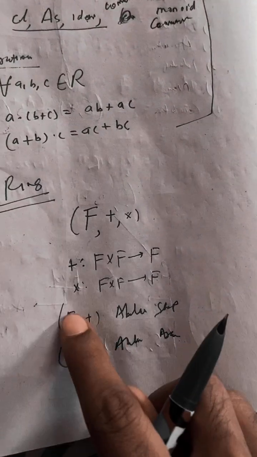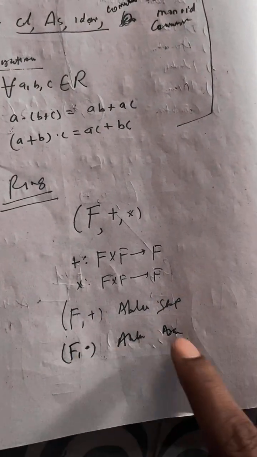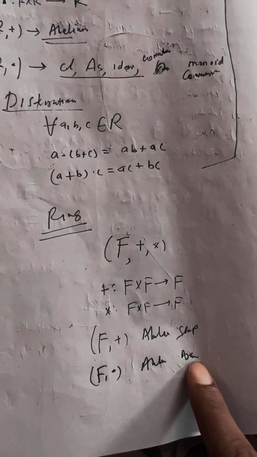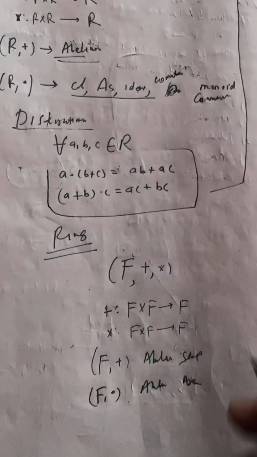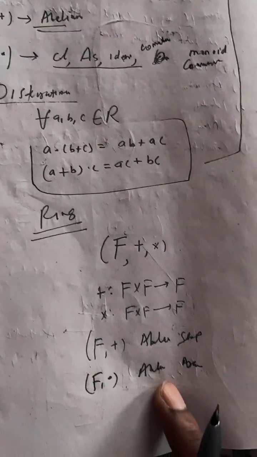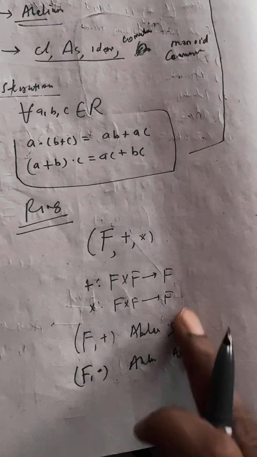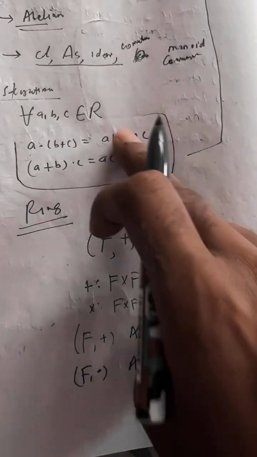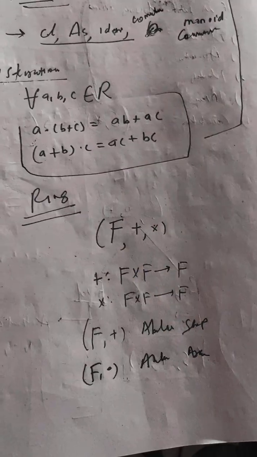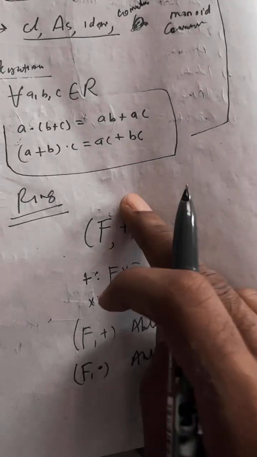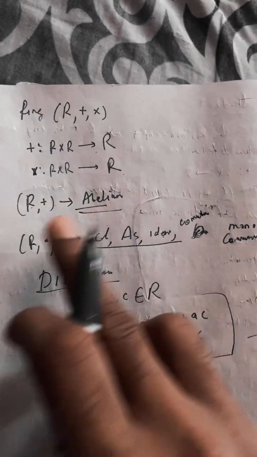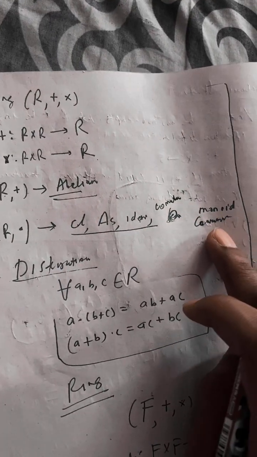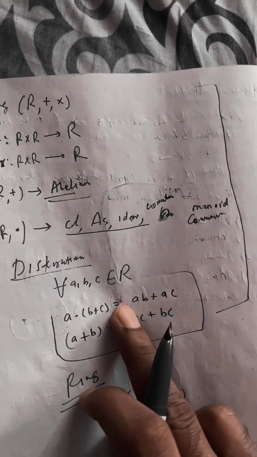Here F plus is Abelian and F dot is also Abelian. And the last property is the same distributive property for a field too. If F plus is Abelian, F dot is Abelian, and this distributive property holds, it is called a field. What is a ring? For a ring, R plus should be Abelian, R dot should be a monoid, and the distributive property. So they are different kinds of structure.